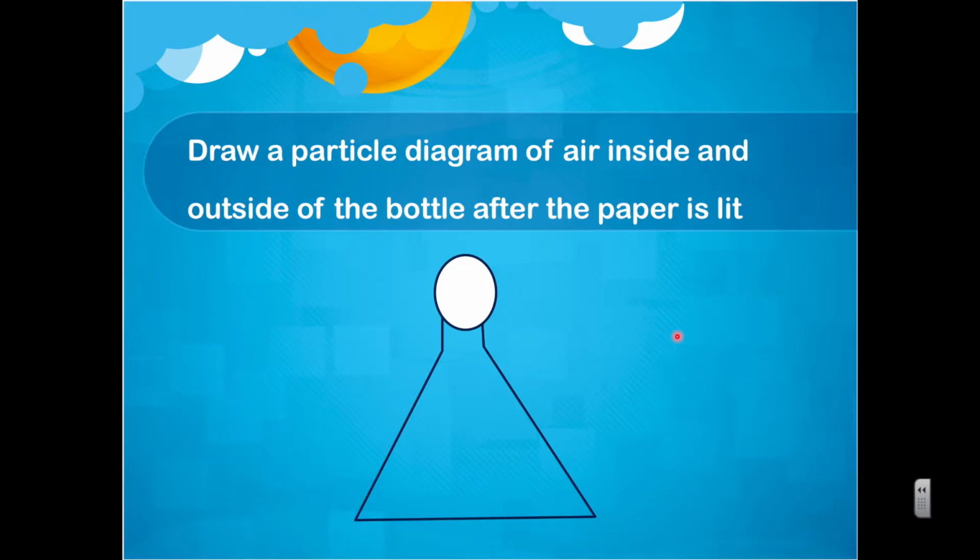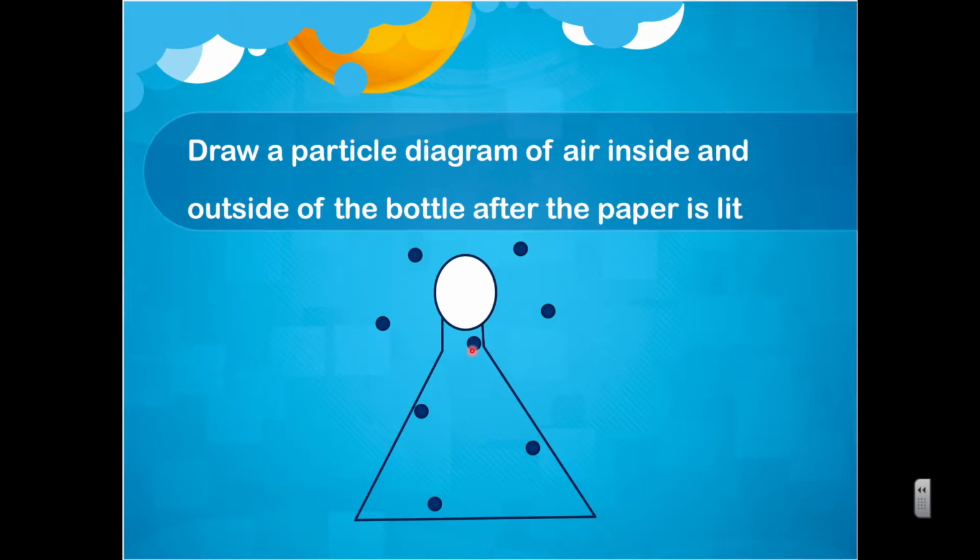Now, after the paper is lit, we still have the egg on top. You still have the same number of particles, but what is actually going on is this particle is just ready to leave. They have gotten enough kinetic energy to be able to push themselves out.